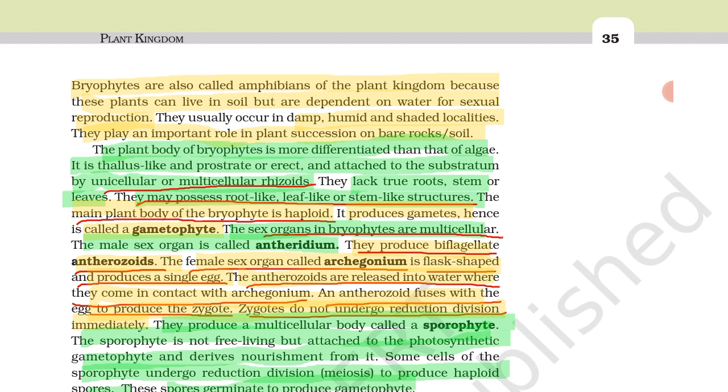The male sex organ was antheridium and the female sex organ is archegonium, flask shaped, producing a single egg.